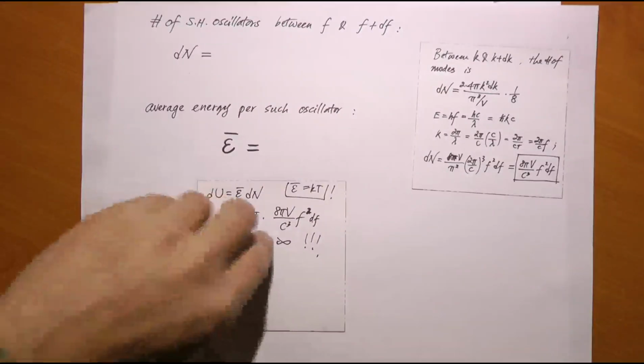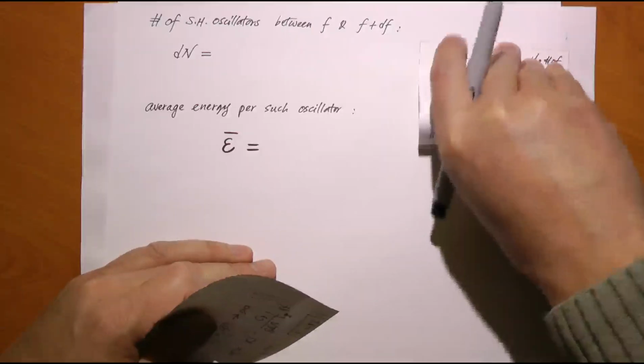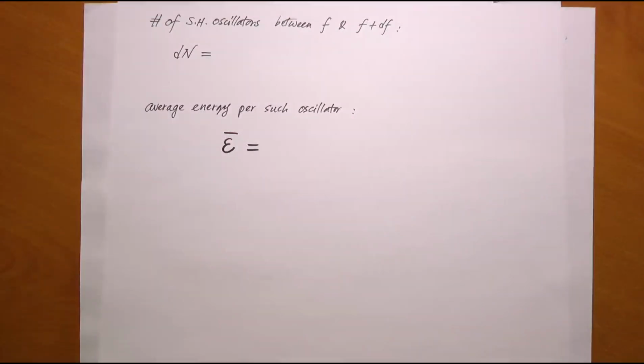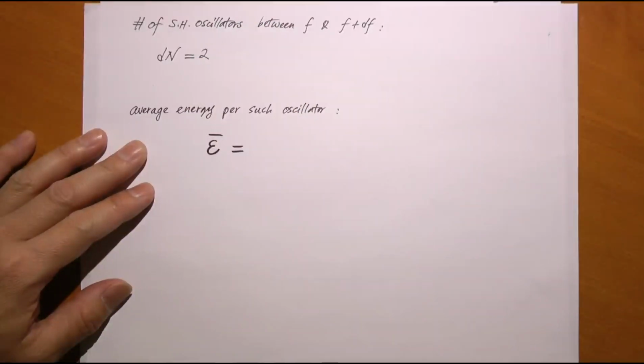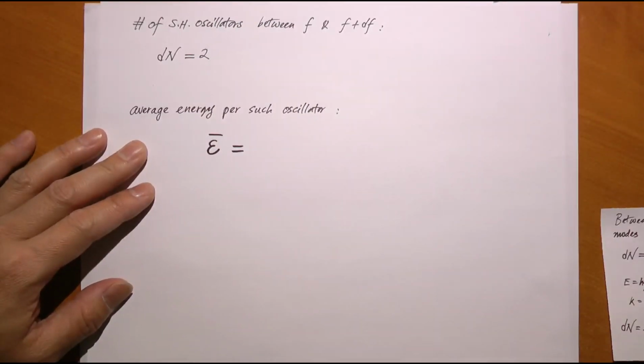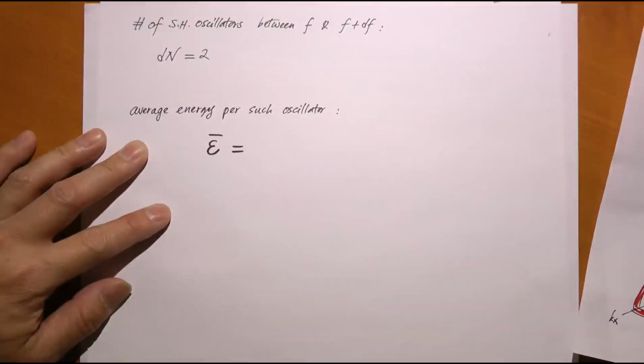So we then get the following. We get the number of simple harmonic oscillators whose frequency is between f and f plus df. We call that number dn. First of all, there is a 2 here because there are 2 polarizations. And then you take the volume of this spherical shell. How do you find the volume of a spherical shell? Well, for an entire sphere of thickness dr, the volume would be 4 pi r squared times dr. Here, I don't have an entire sphere.